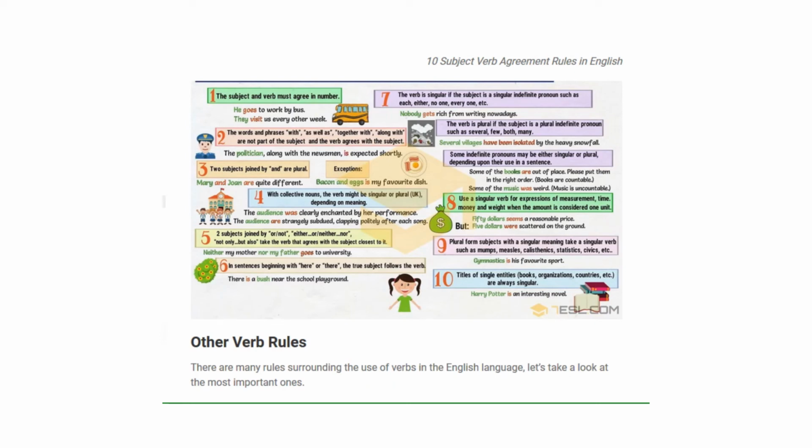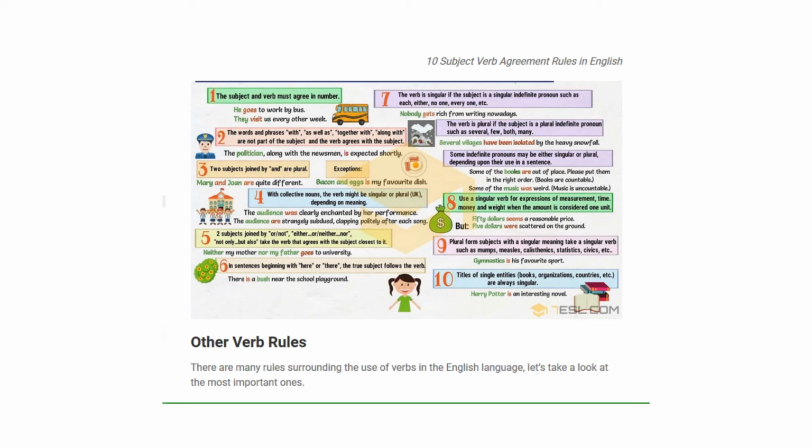One: the subject and verb must agree in number. He goes to work by bus. They visit us every other week. Two: the words and phrases with, as well as, together with, along with are not part of the subject, and the verb agrees with the subject. So we have the example: the politician along with the newsman is expected shortly.